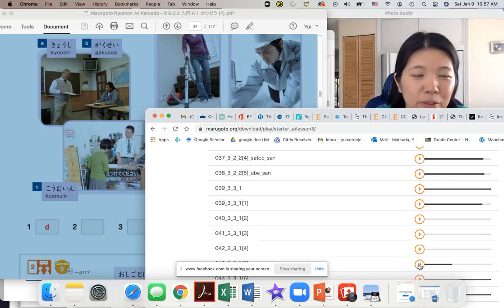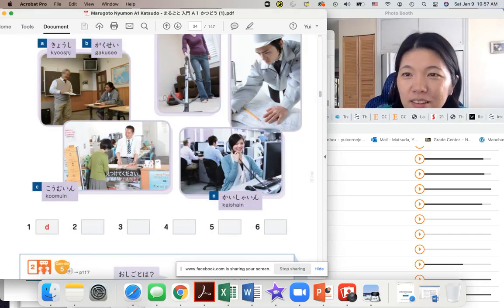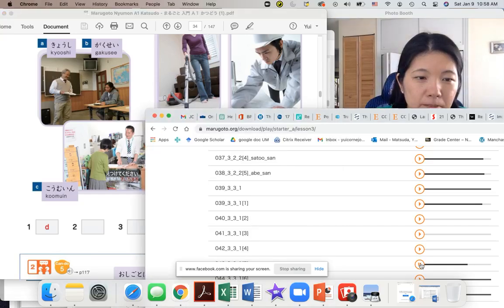The longer form. 教師です。教師 is this one, A, teacher. 日本語の教師です。So I'm a Japanese teacher.